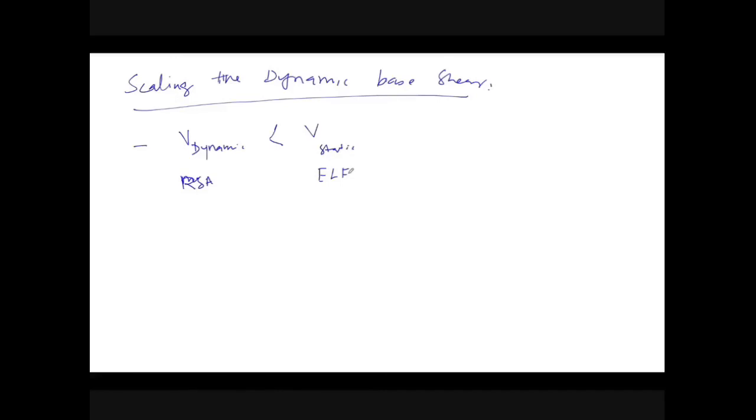So what we basically do, the requirement of the code is that the V dynamic should be at least equal to 0.85 times V ELF.